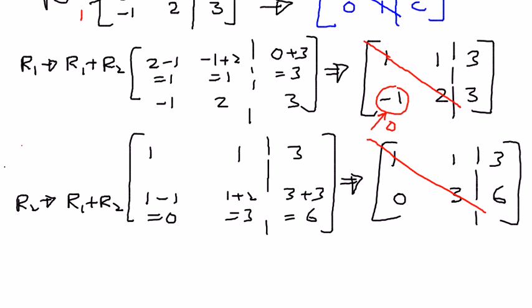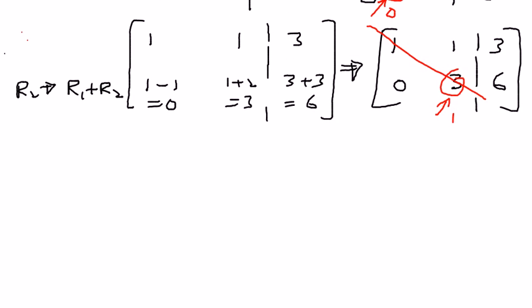We have a 3 in second row, second column, but we want a 1 in this location, and to achieve that we're going to perform a row operation. The new R2 is going to be equal to the existing R2 divided by 3.